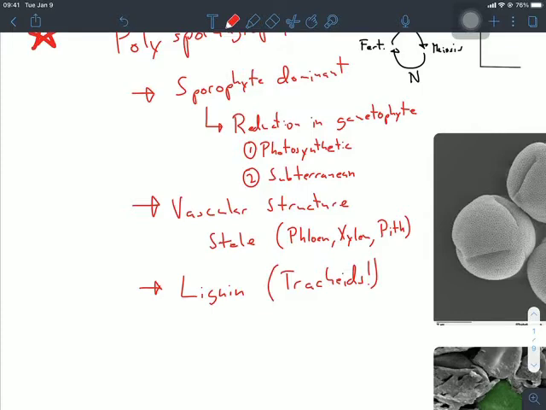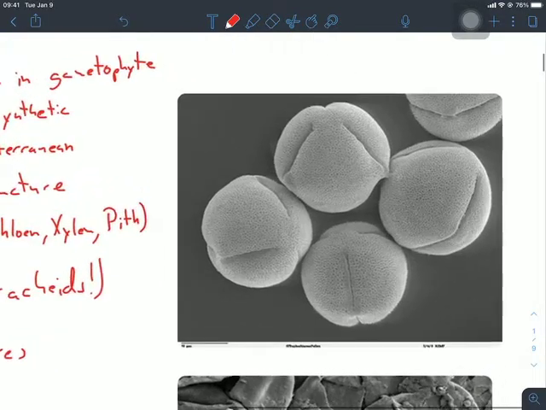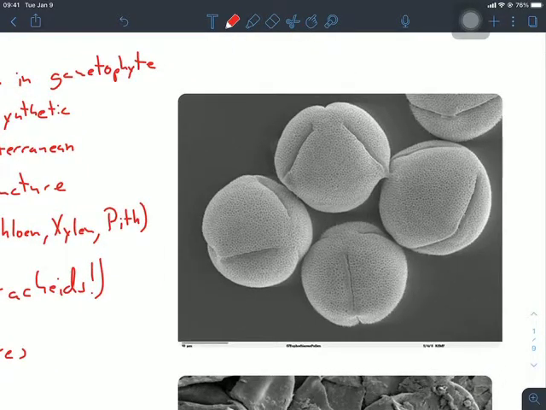And then the other thing that we get are trilete spores. And this has to do with the development of the spore. So let's go ahead and take a look at it here. Some of our pollen grains from our castor bean plant.